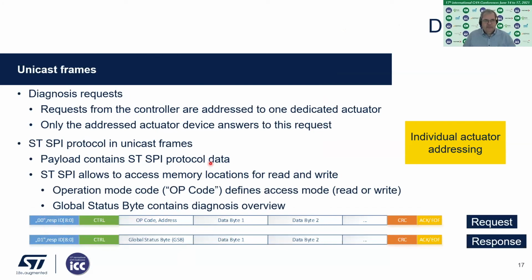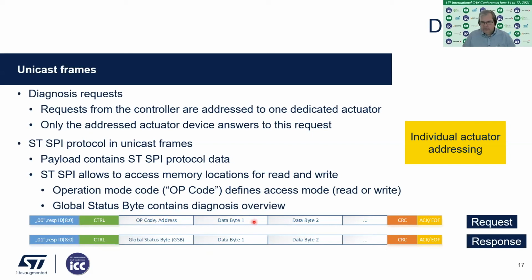On top of that, we implemented a protocol in the unicast frame, which we derived from our own ST-SPI protocol. In the end, the commander sends an opcode which says read or write to a specific address. It sends the memory address and then the data bytes belonging to the address, and the responder answers with a global status byte indicating if any error occurred, like, as I mentioned, temperature shutdown or any kind of short condition at the drivers, and then responds with the memory location.